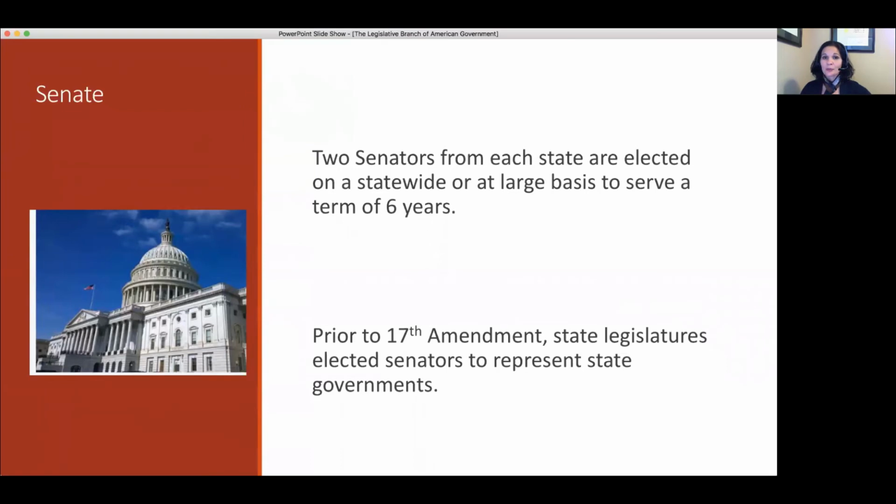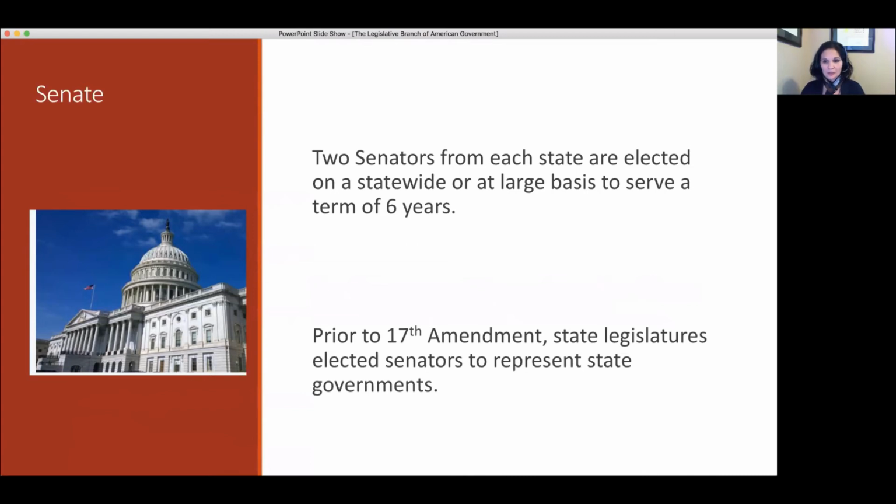Let's talk a little bit about the Senate. 2 senators from each state are elected on a statewide or an at-large basis to serve a term of 6 years. Prior to the 17th Amendment, the state legislators actually elected the senators to represent the state governments.